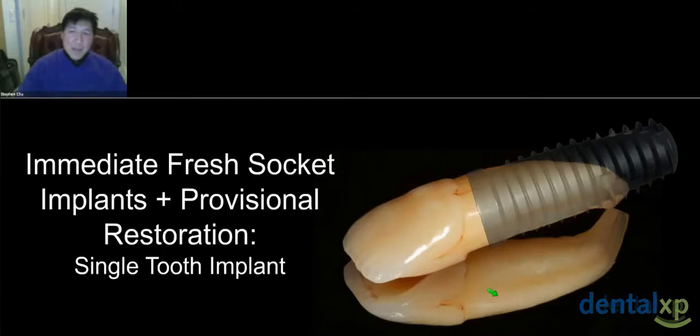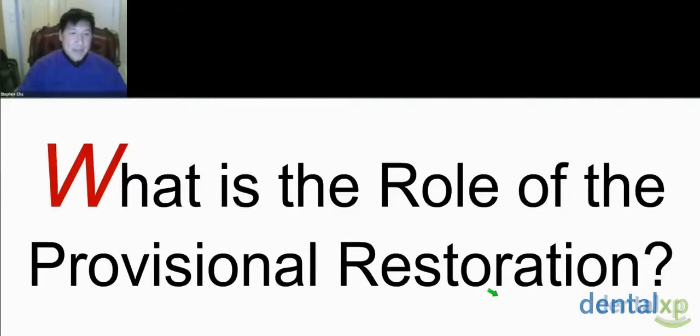This tends to be a little bit more common now because a lot of the techniques we presently have really lend themselves to immediate placement, and we'll discuss a lot of the common issues associated with immediate implants. Specifically, what is the role of the provisional restoration?